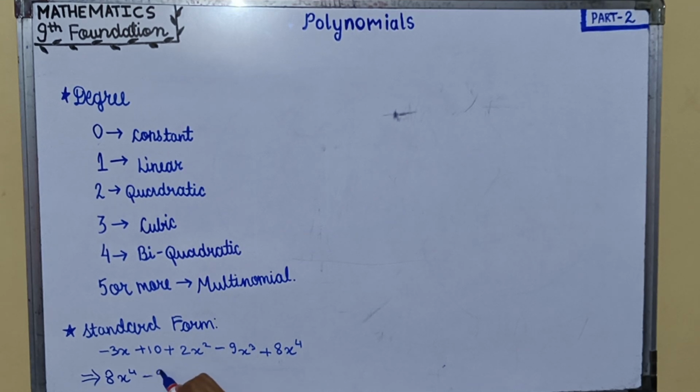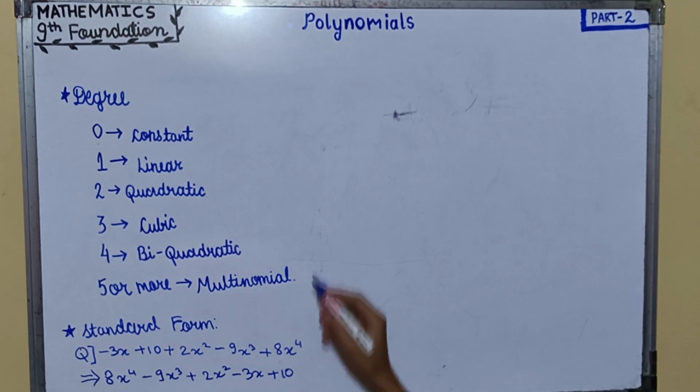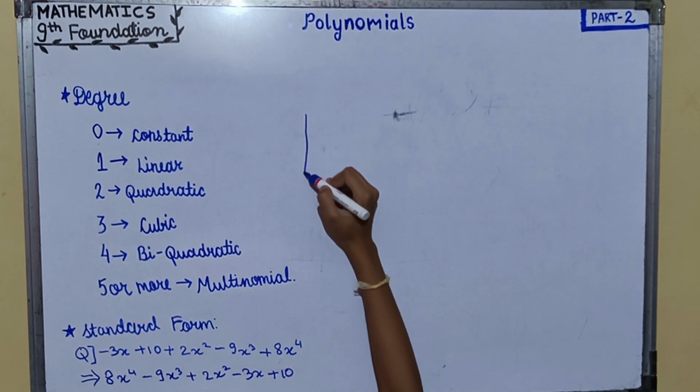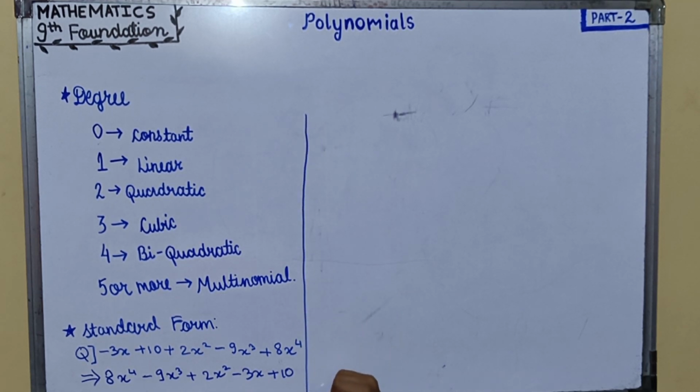Second will be minus 9x cube, then plus 2x square minus 3x plus 10. Constant will always be at last. According to the powers, we have to write them from highest to lowest.